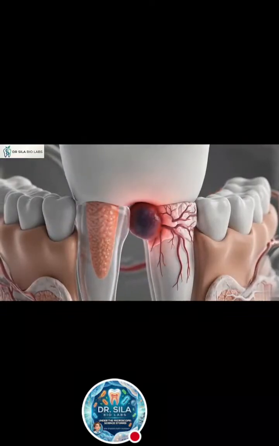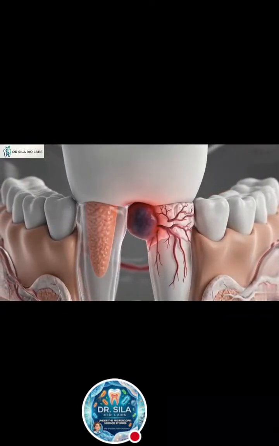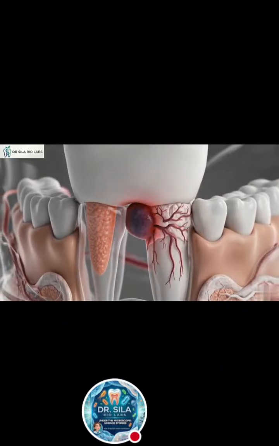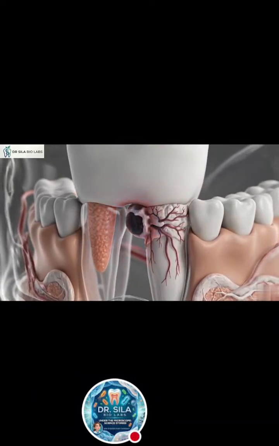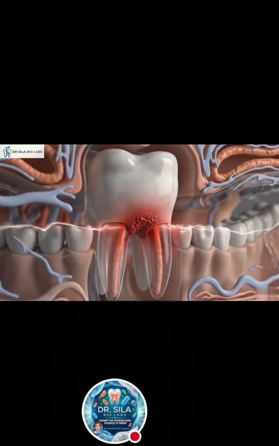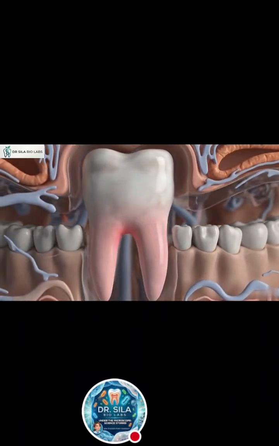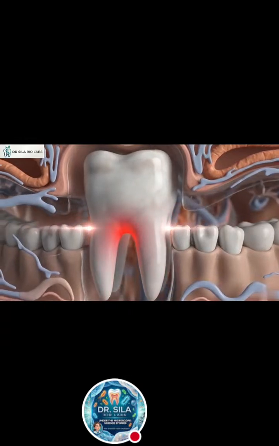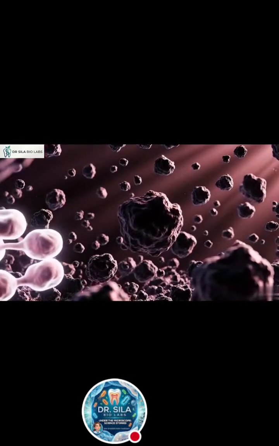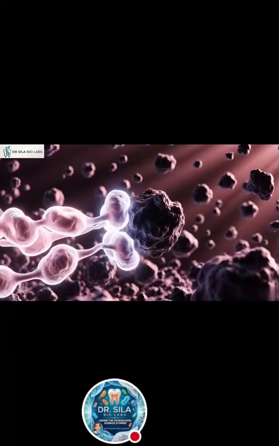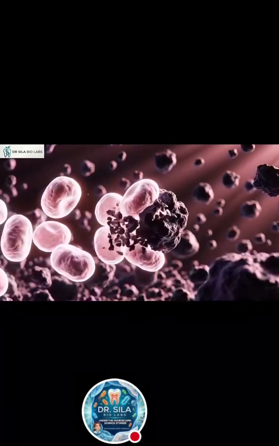Once the infected tissue and bacteria have been removed and the canals have been sealed, the body can begin repairing the damage caused by the infection. Inflammation around the root tip gradually decreases, and the abscess begins to resolve. Specialized cells remove damaged tissue, while new healthy tissue develops in its place.